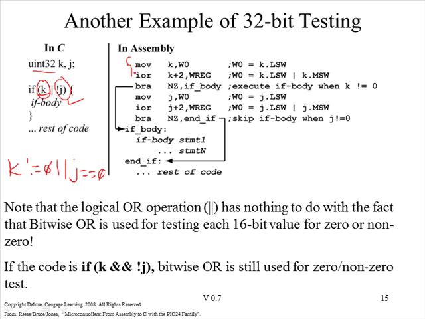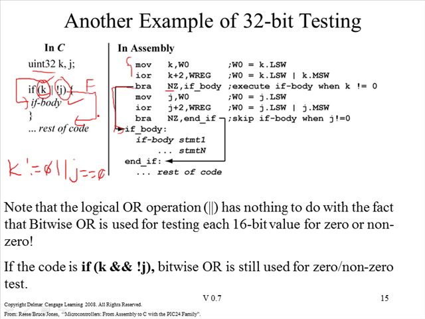So here we're going to use the inclusive OR approach for testing k against 0. Recall from a logical OR that if this test is true, then we want to execute the if body. So if k is non-zero, we're going to jump to the if body. For this test right here, since it's the last test in this logical OR chain, we're going to want the false test. We're going to want to test to see if j is not equal to 0.